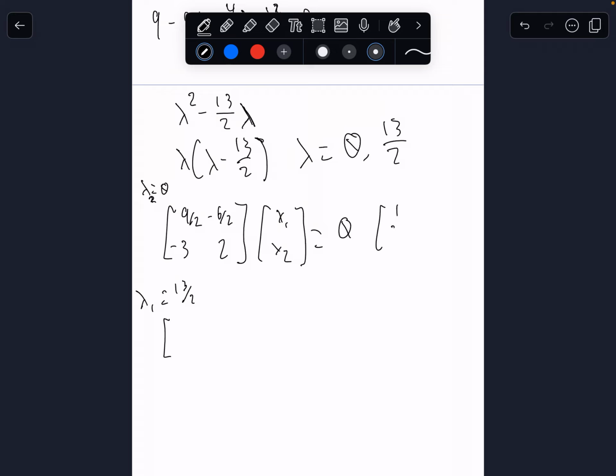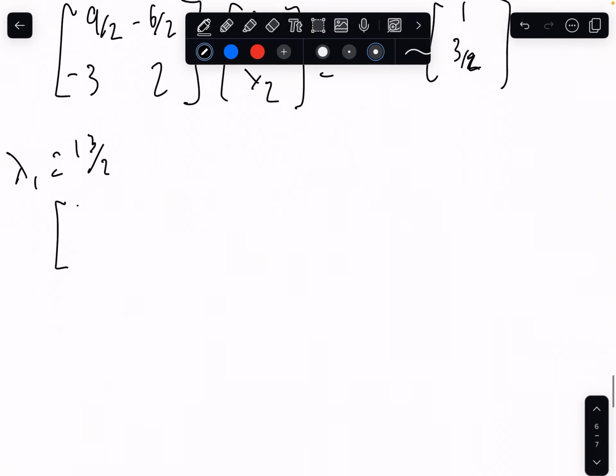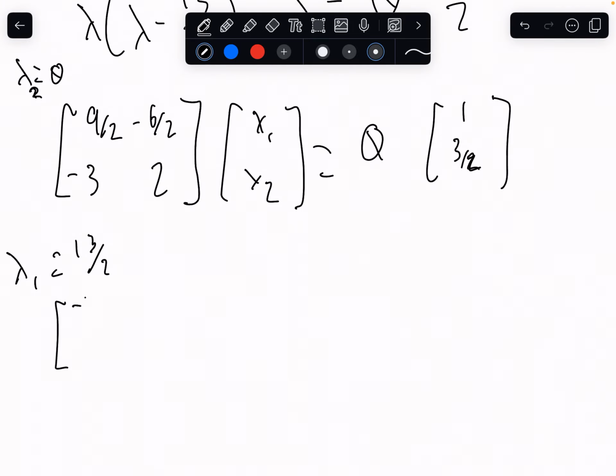So 1, 3/2. And this would be 13/2. So this would be -2, -3, -3, and -8.5, and that doesn't work.